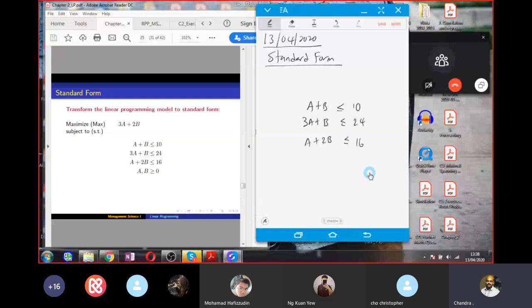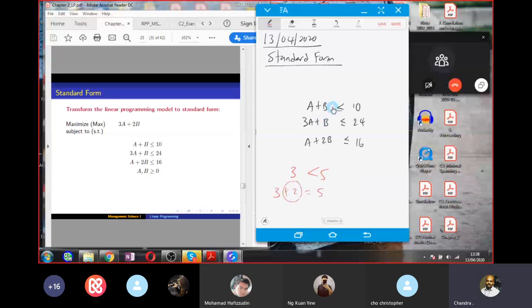You see, A plus B is less than 10. If I want to write this as an equation, I need to add some number here. For example, 3 is less than 5. If I want to make it equal, I must add 2 to make sure it is equal.